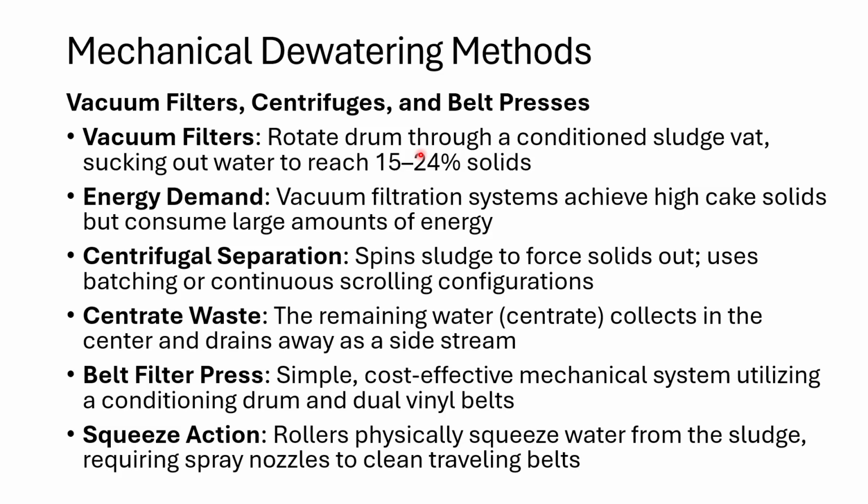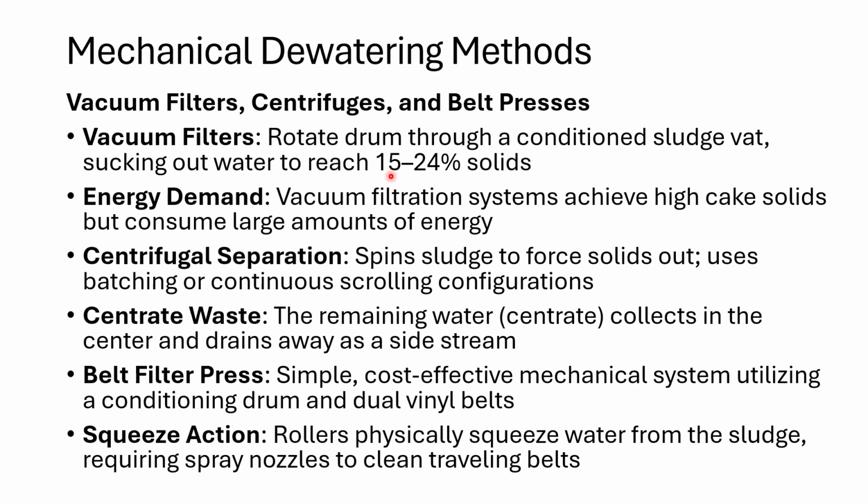We've got our thickened sludge that's higher in solids concentration, but it's still got water in it. And we want to get rid of that water as much as possible to make it economic to send that sludge to a landfill.